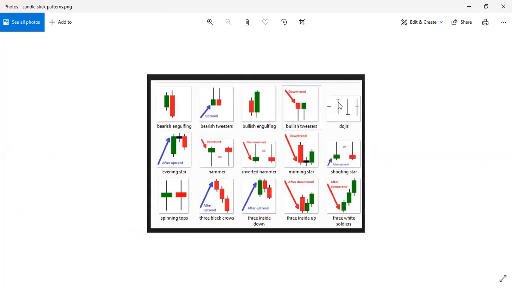This one is called the gravestone doji, and this one is called the long leg doji. So we have 5 types of doji, but they only indicate 4 here. We have doji star, we have long leg doji.